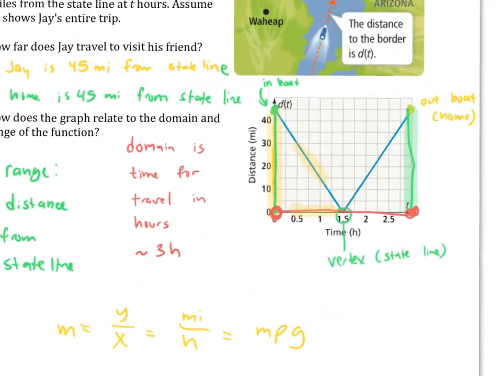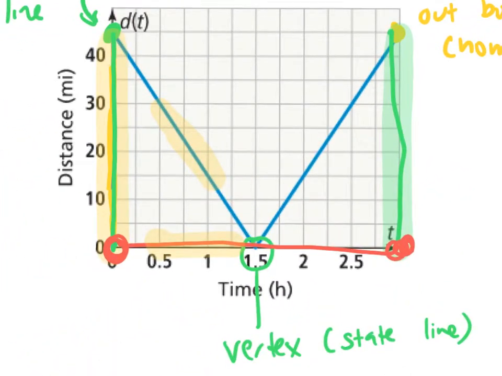So let's take a moment and see if we can actually find the MPH. Now notice we're not going to deal with negative and positive MPH because the line is straight, so it turns out the MPH is the same. This one just means he's going towards the state line, and this one means he's going away, but the steepness is going to remain the same. So let's just see here. If I take this point right there and go to this point right here, how much down does it go?